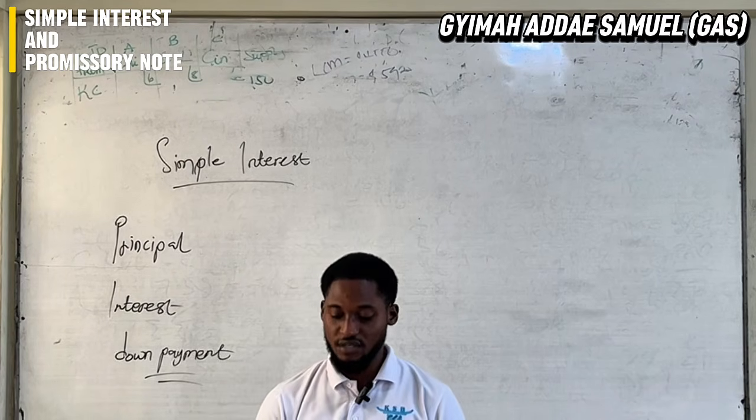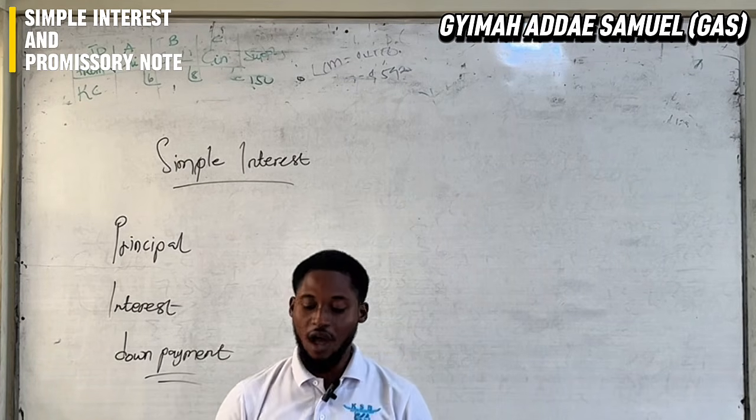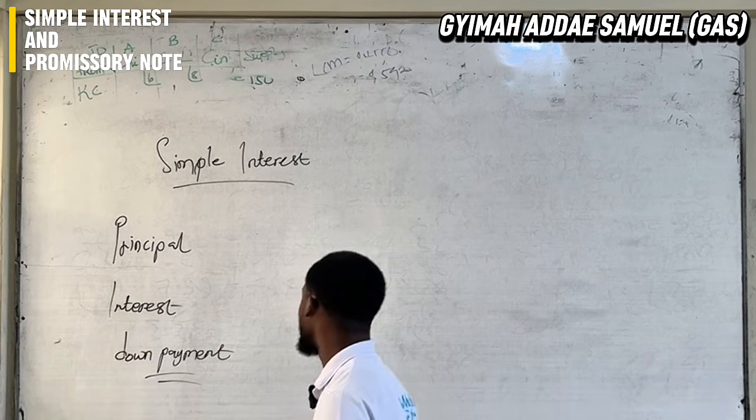The sum of the principal and the interest due is called the amount, accumulated value, or maturity value.